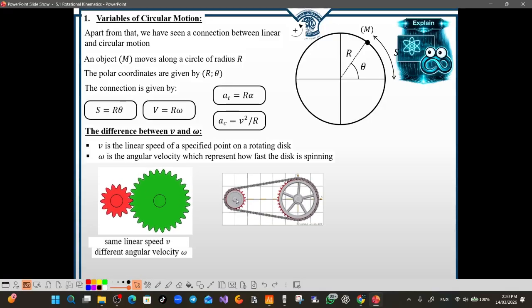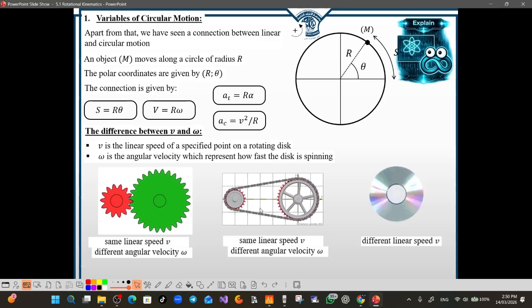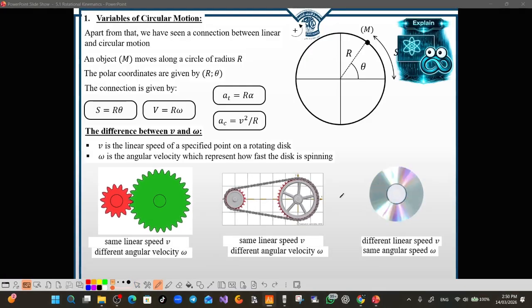The smaller gear is spinning faster than the bigger gear, which means we have higher angular velocity than the bigger gear. So same linear speed, different angular velocity. Now here we have different linear speeds at different points on the disk, but the same angular speed for points aligned on the same line.